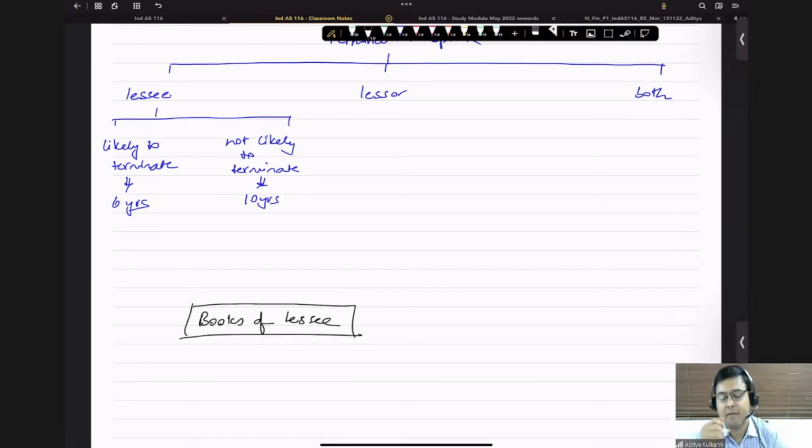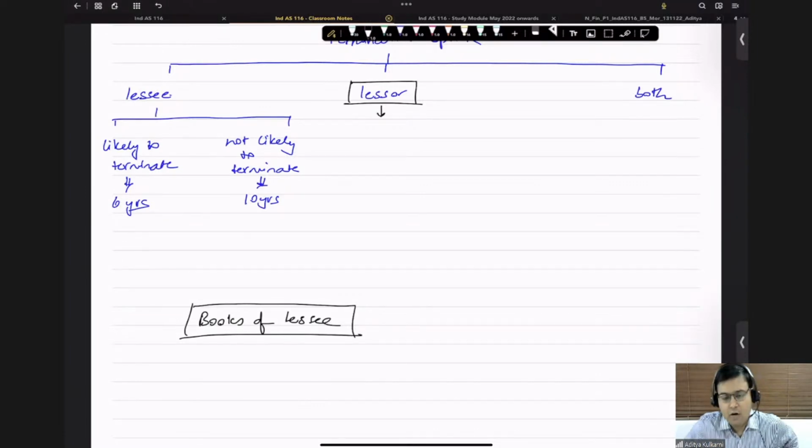Now you are in the books of lessee only, but the termination option is not with you. Termination option is with the lessor. Now you tell me what will be the lease period. Think carefully before answering.